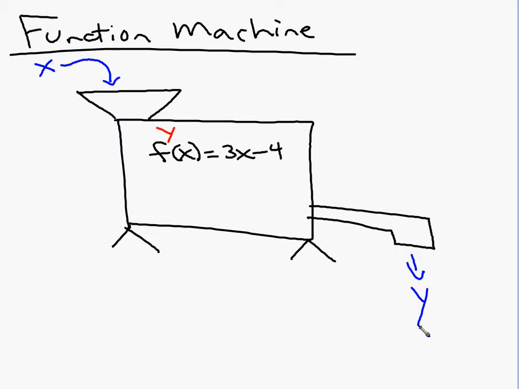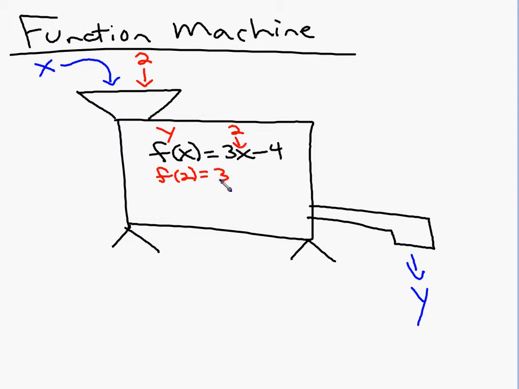In this case, let's try one. Let's say that I wanted to put a 2 in. If I wanted to put a 2 into the function machine, so if I put in a 2 into this function machine, this function says that I'm going to do something to that 2, because that 2 is going to go right here for the x.